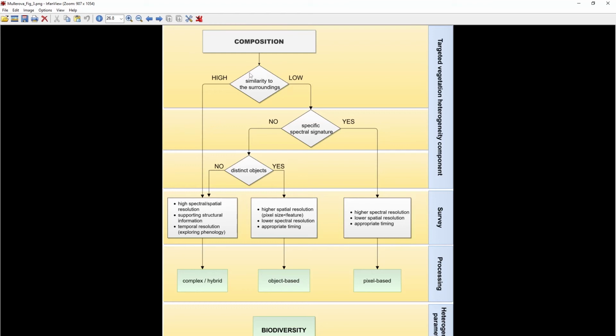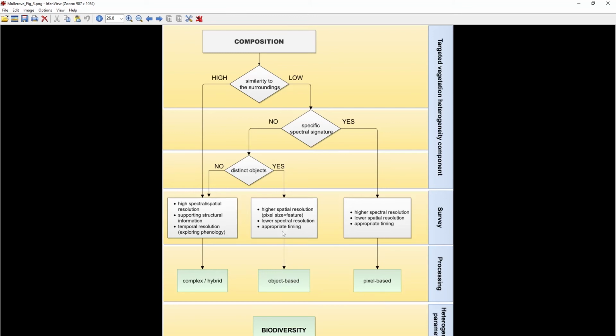So depending on the similarity to the surroundings, the species can show either low similarity or high similarity. In case of low similarity, it is easier to distinguish them from the other objects. It can be driven by spectrums or by the characteristics of the objects, and depending on those two types, the processing would also be different, either pixel-based or object-based.